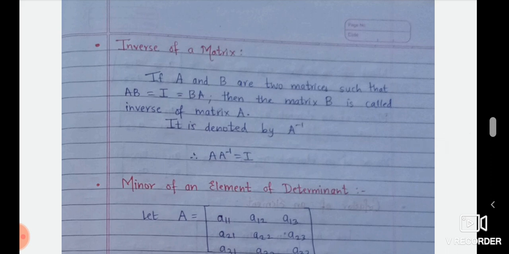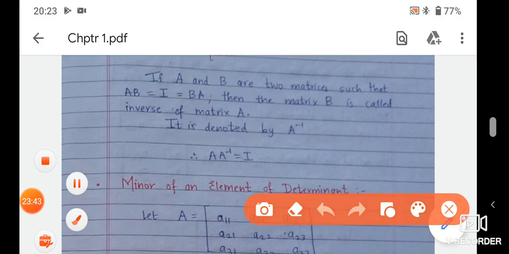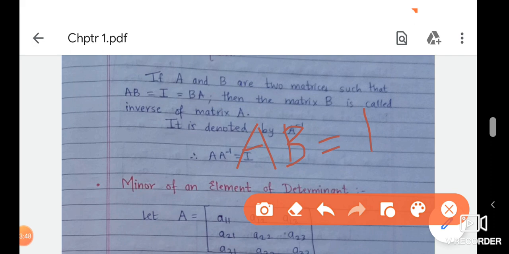Next is inverse of a matrix. Inverse of a matrix means what? If there are two matrices A and B, and if A into B is giving you the identity matrix, then we say B is the inverse of A. Okay, if A into B is I, what is I?